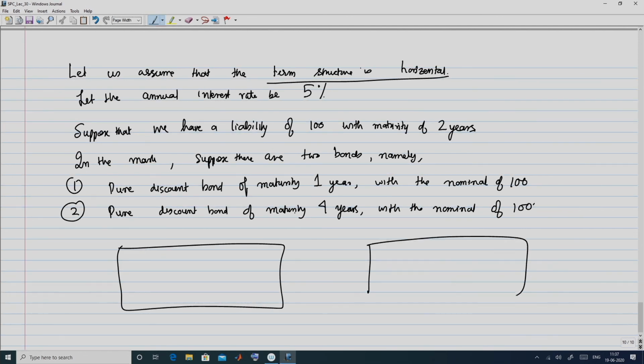So, what you have is that on one side you have the liability, that means from now to 2 years, at 2 years you have to pay an amount of 100, and then in the market there are only two bonds.